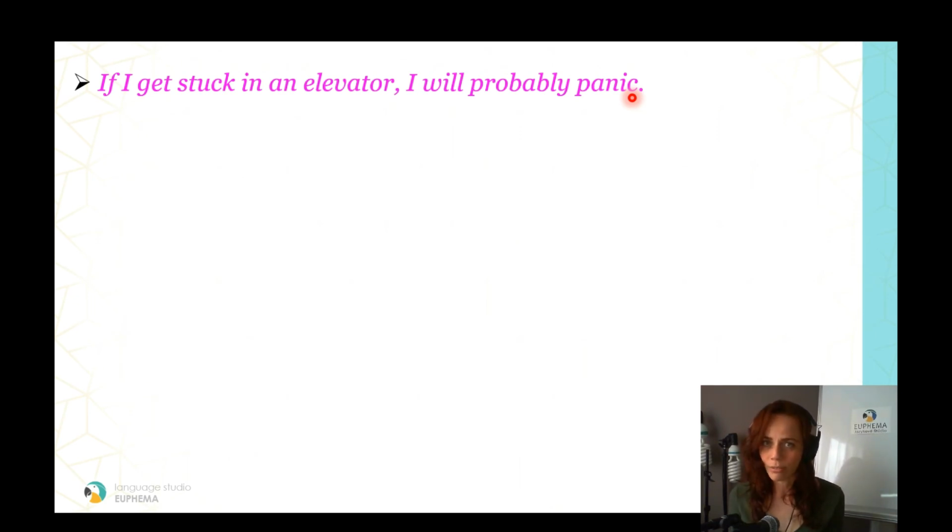I know myself, and I don't like situations where I am locked up or closed up in a very small, confined space, and I have a feeling that I don't have enough oxygen. The fact is that I'm claustrophobic, so I will probably panic. I know myself. If I get stuck in an elevator, I will probably panic.